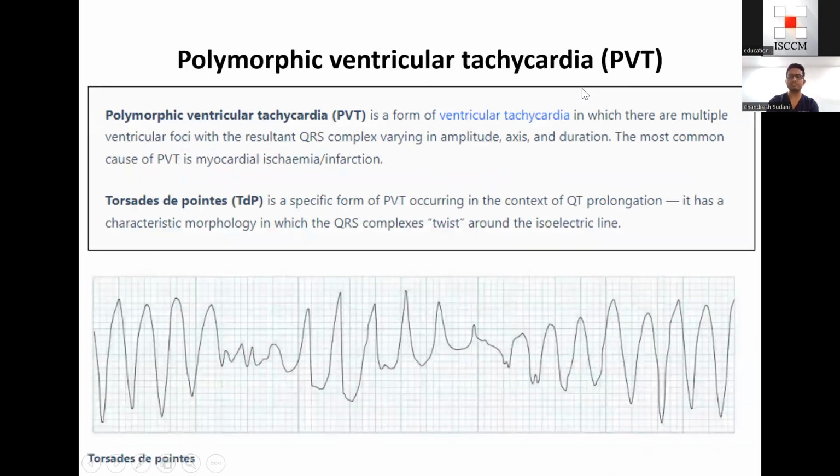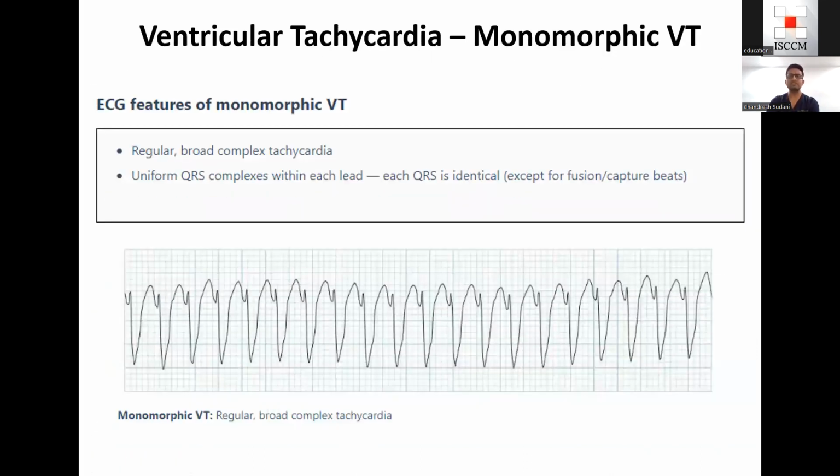Now coming to the next arrhythmia, this is the ECG of monomorphic VT. By looking at VT from a distance, you can say, yes, this is a wide QRS arrhythmia. And here you can see the regularity. All beats are at a regular distance. And that's why this is called a monomorphic VT. You see the abnormal QRS complex has the same shape. The shape is not changing with all the beats.